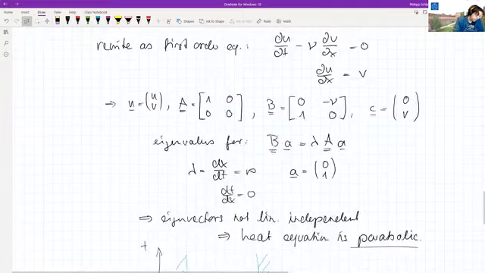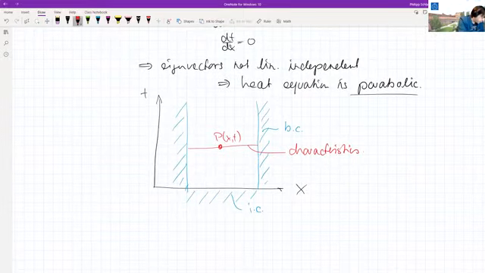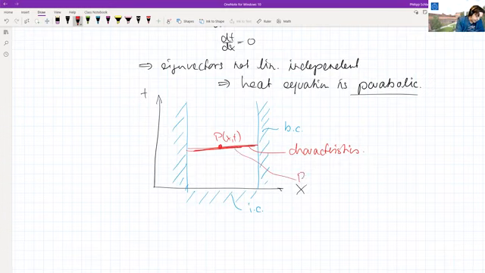So if we do in red first the region of dependence, it turns out that the solution in P essentially depends on exactly what is lying along the characteristics. So that would also be the region of dependence.